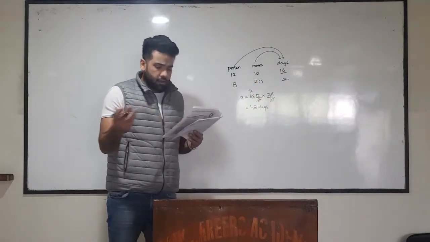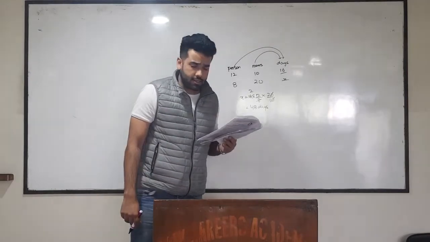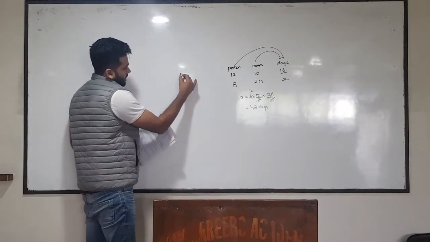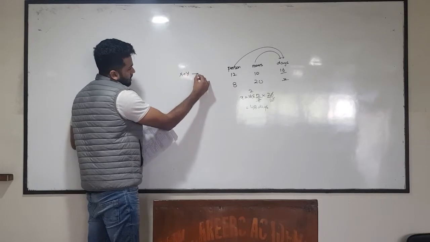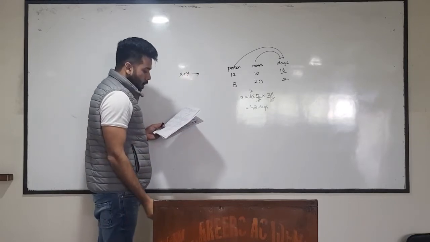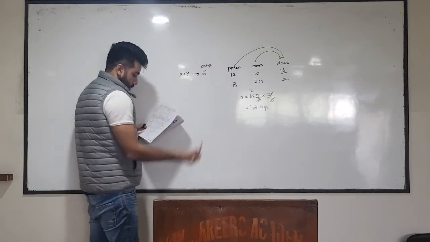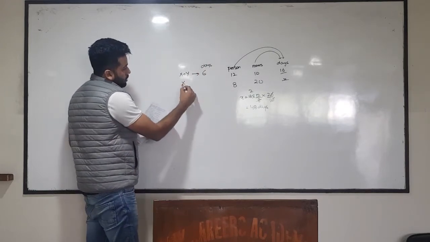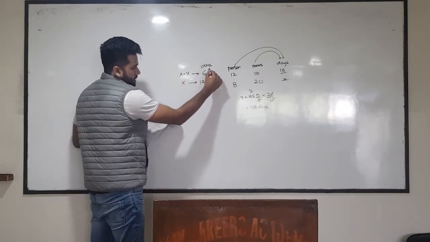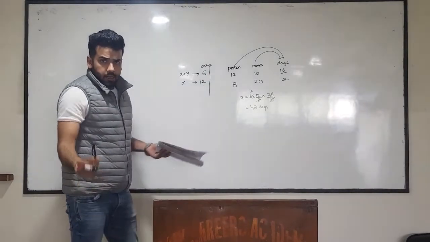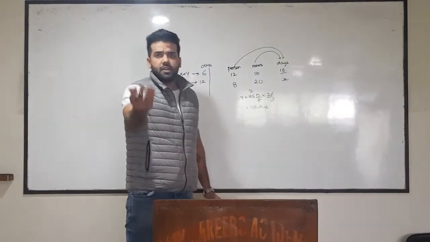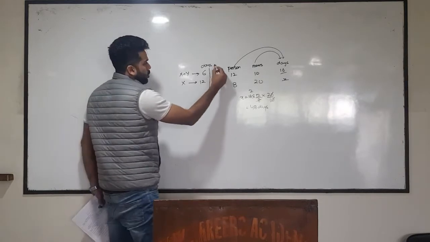Moving ahead. Question number 99. X and Y can together finish a piece of job in 6 days. X alone can do the job in 12 days. This is a time and work question. What method do we use? We take the LCM of the number of days. That becomes my total work.